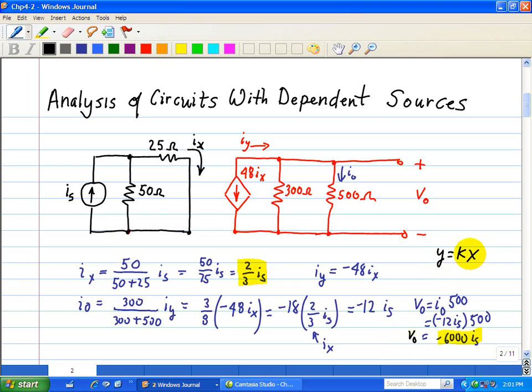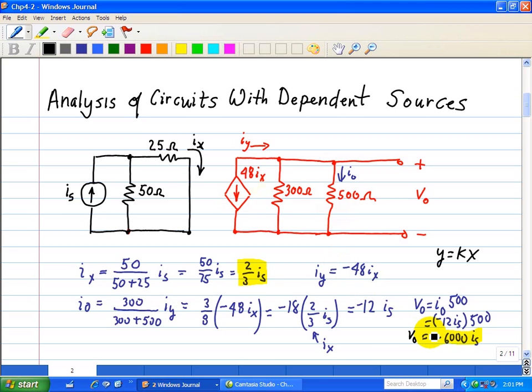Now the proportionality constants are negative because the reference direction for I0 is the opposite of the orientation of the dependent source reference arrow. In other words, active circuits often produce negative values of K, which means that the input and output signals have opposite algebraic signs that we just showed here.